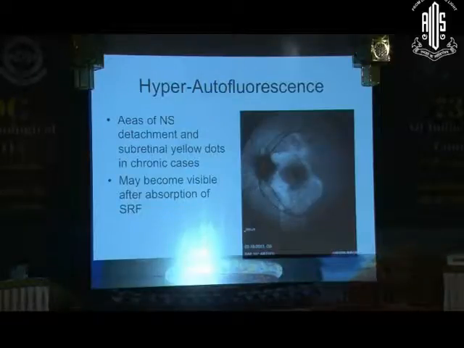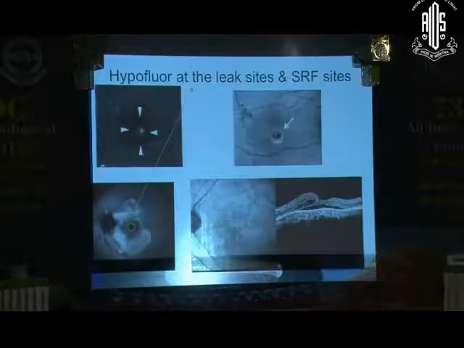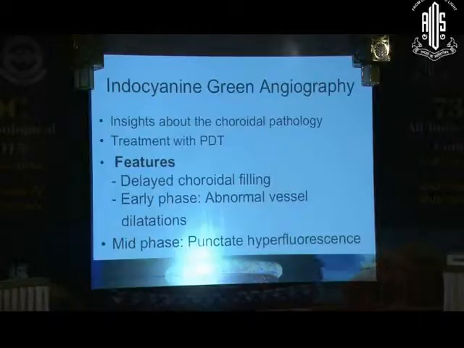There are two types: hyper-autofluorescence we get in areas of neurosensory detachment, and subretinal yellow dots in chronic cases may become visible after absorption of subretinal fluid, and hypo-autofluorescence at the leak sites and subretinal fluid sites. You can see the yellow circle marks the foveal avascular zone, and outside that is the hyperfluorescence, which corresponds in the OCT in the right lower photo with the neurosensory detachment, and also there are some intraretinal fluids.